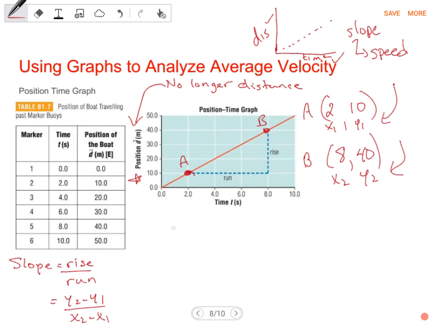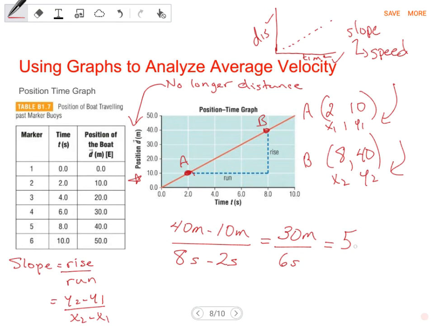So y2 is 40 meters minus 10 meters divided by, now I'm on x2, 8 seconds minus 2 seconds. You'll notice I have units everywhere. This is 30 meters. This is 6 seconds. So, simple calculation, that's 5 meters per second. You can put the 1 there or not, doesn't matter.